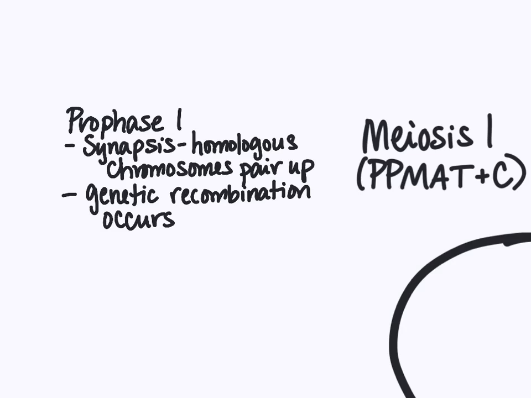And remember that genetic recombination is also known as crossing over. And what happens during genetic recombination is that homologous chromosomes exchange genetic material.